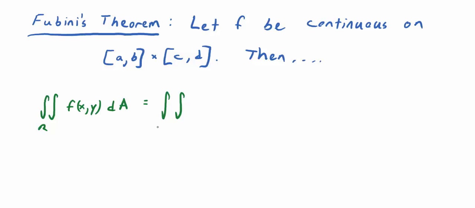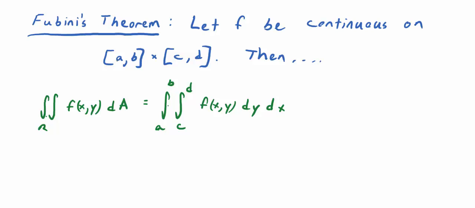It depends on what order we want to go with. If we go with a differential order of, say, dy dx, then it will be the integral from a to b of the integral from c to d of f of x, y, dy dx.